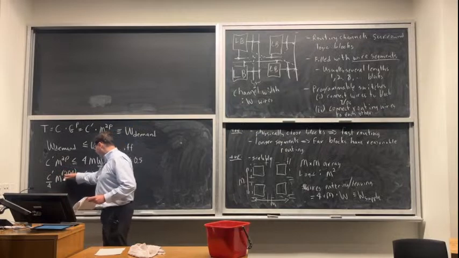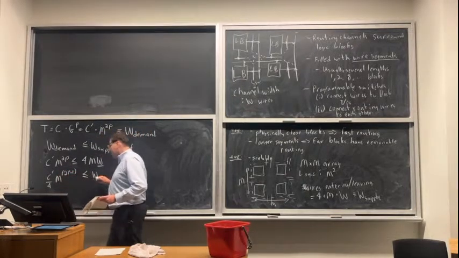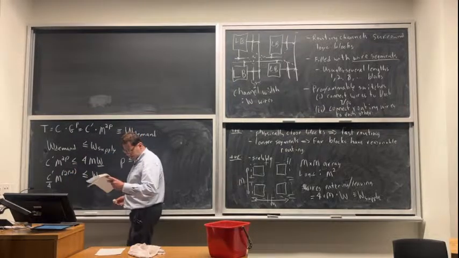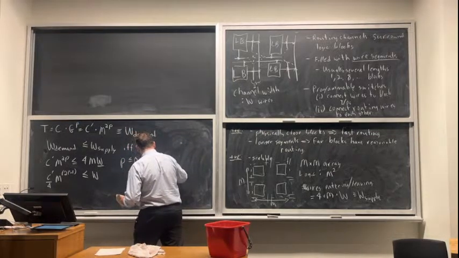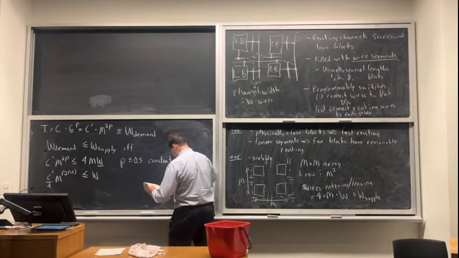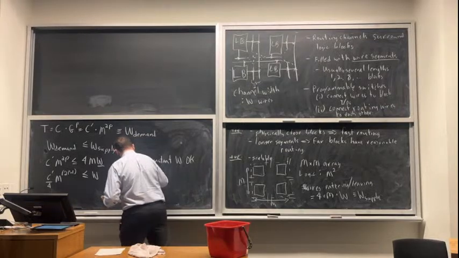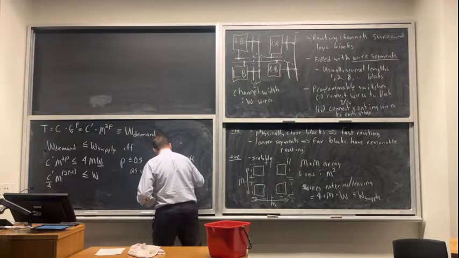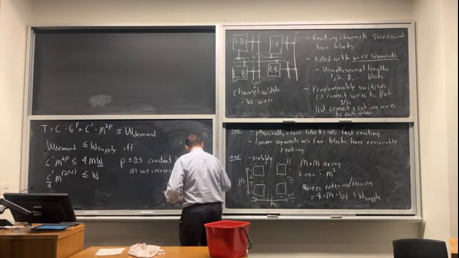So if my rent exponent is 0.5 or lower, W does not increase with M, right? It's proportional to M to the 0, so it's constant. So for these nice circuits with good locality, we have a constant W as we increase M. That's actually a great result.